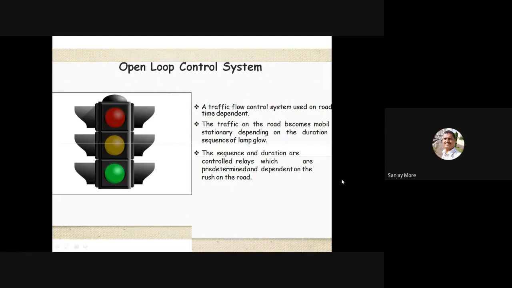The sequence and duration are controlled by a relay, predetermined and not dependent on the rush on the road. This green, yellow, and red bulb on-off timing does not depend on the rush of the road.